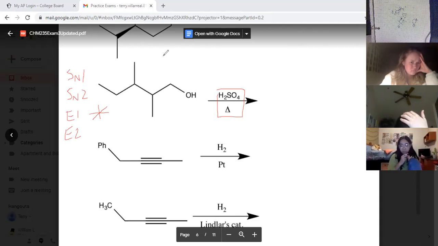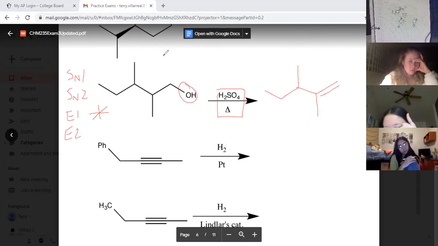When you do this acid catalyzed elimination, you're going to get that. Why is it E1? Because you are just eliminating that alcohol. Or actually it's not an E1, it's just an elimination reaction.